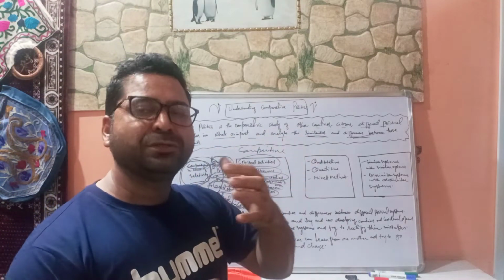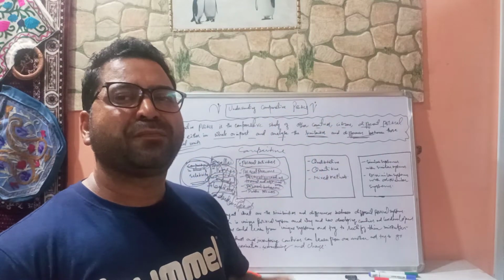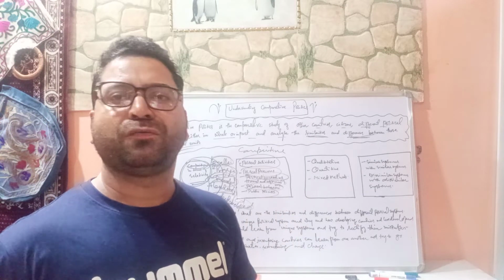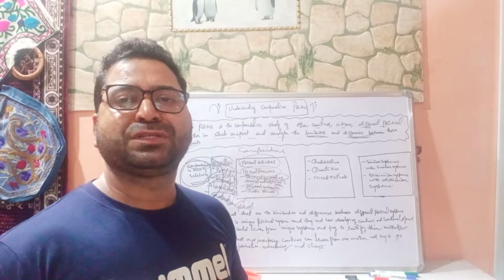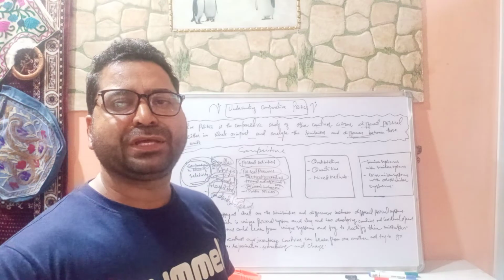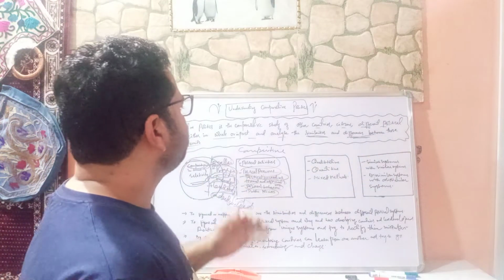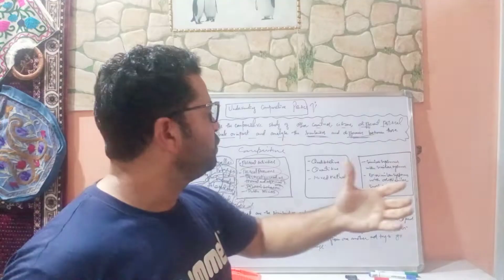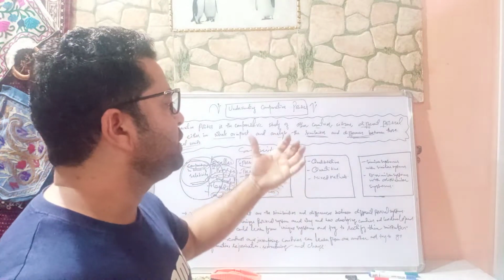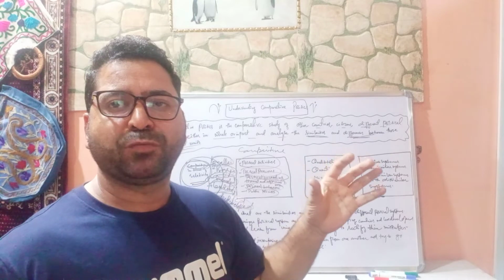You can compare an entire political system with another political system, but what we prefer in comparative politics is to take one unit or component of a political system. For example, let's say the legislature. We take one legislature and compare it with the legislature of another country. So what is our goal, why are we doing this exercise? It is to understand the similarities and differences between two different political systems.